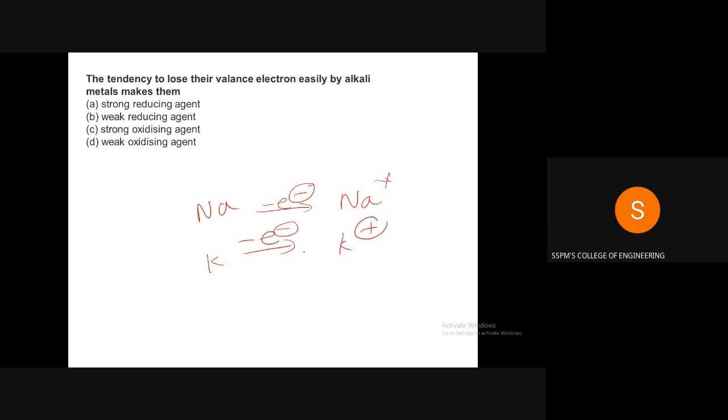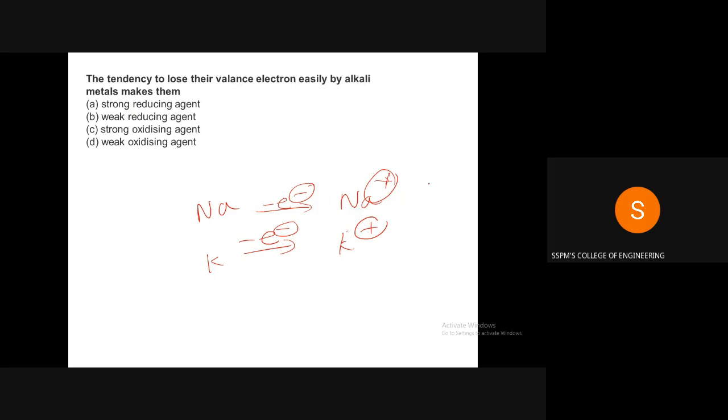So Na plus and K plus are electropositive. Electropositive means electron deficient, not electron rich. Electron deficient means they have lost the electron. Due to the loss of electron, they are electropositive in nature.